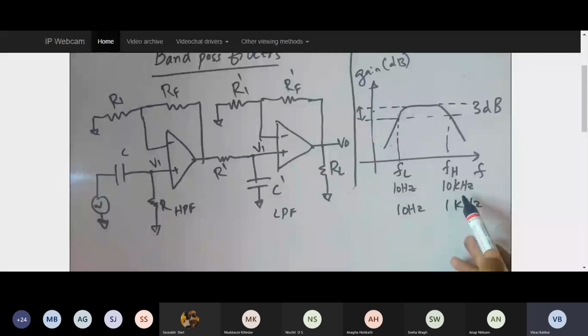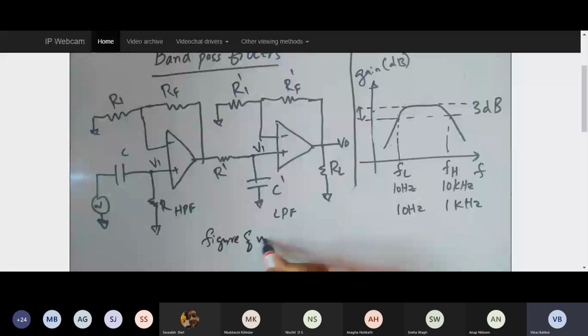So now how do I identify whether these differences in the lower and higher cutoff frequencies are going to play a major role? To identify that, we identify something called the figure of merit. What is a figure of merit? We define one particular property or parameter, and based on that parameter we identify what category of filter it is under the band pass filter section.